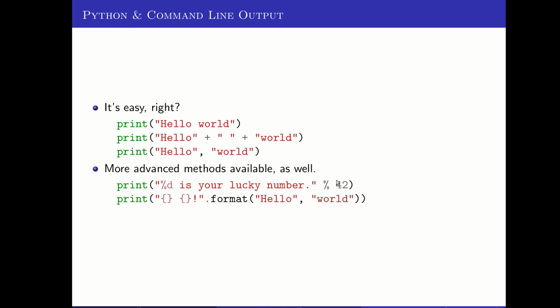This is not a special print, though. You'll notice the print itself is regular. What's happening is we're using an operator that is used for strings to insert things into a format string. What's on the right-hand side of that operator can be a single value if your format string only has a single thing that needs filled in, or can be a tuple of values.